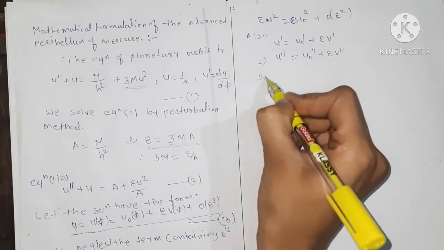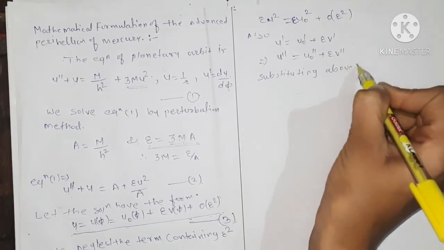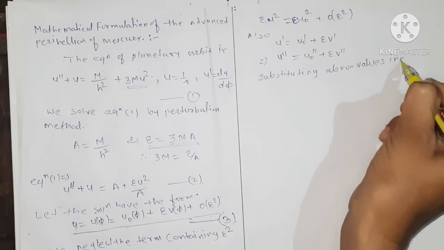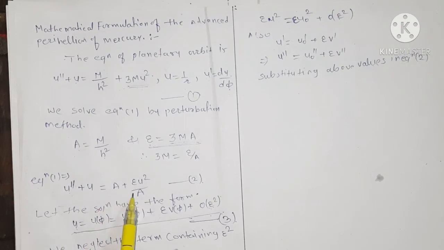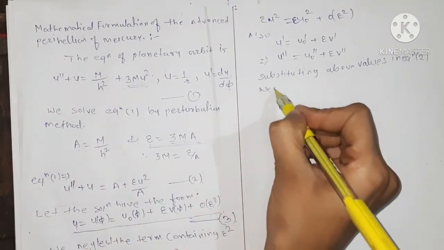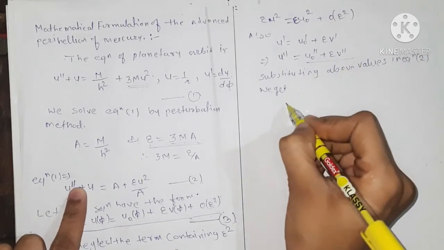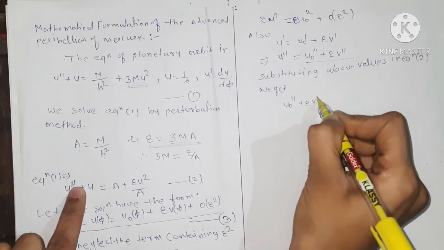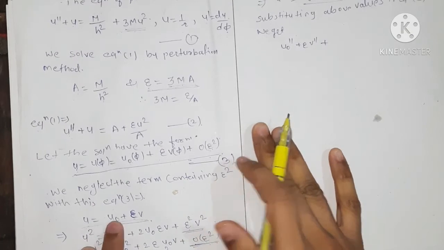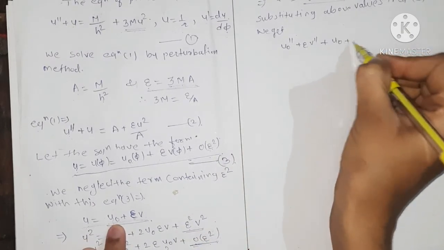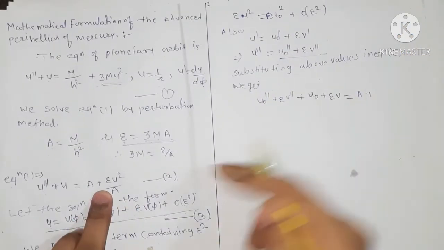Now we substitute this value, substituting above values in equation 2, that is, in this differential equation. So we get, what is u double dash? U double dash equals u0 double dash plus epsilon v double dash, plus u equals u0 plus epsilon v, equals capital A plus epsilon u square.